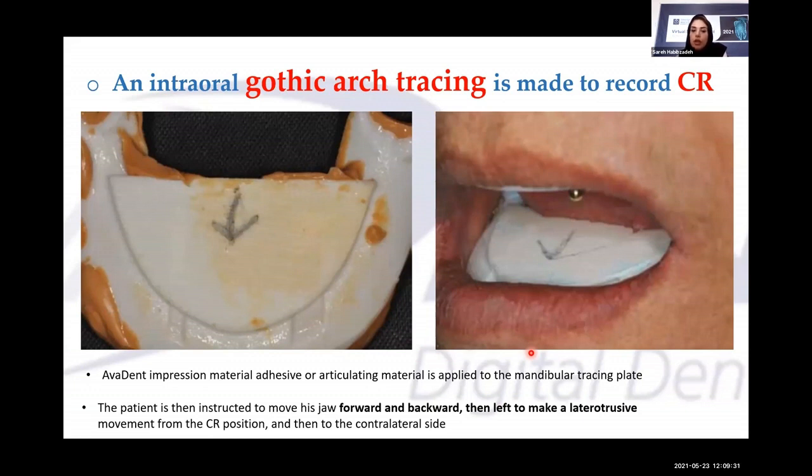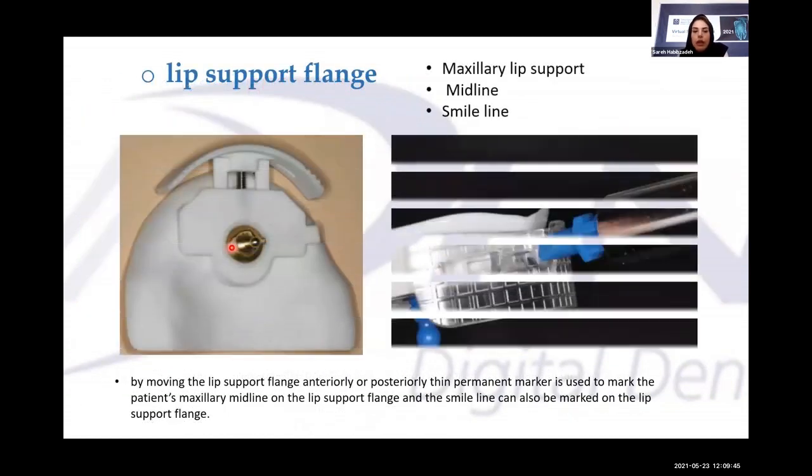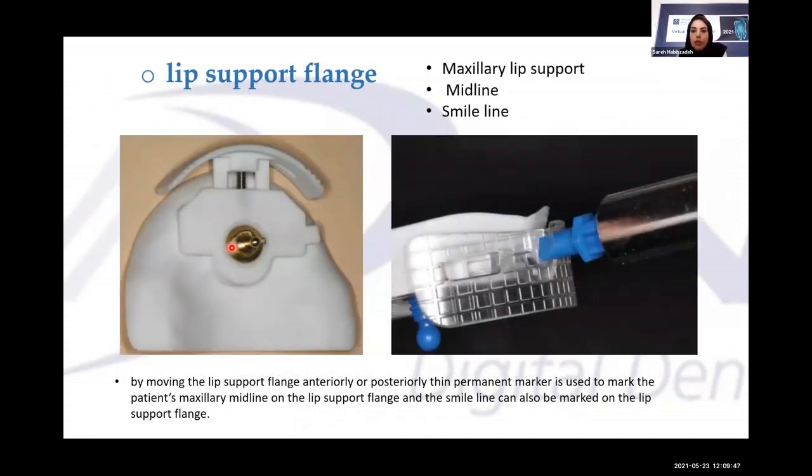So he moves his jaw forward, backward, and to the left and right. So we'll have the CR on the mandibular AMD. As you see, this arrow, which is the center of the arrow tracing, denotes CR. So finally, we'll set the lip support, midline, and smile line with this adjustable flange that we have here.